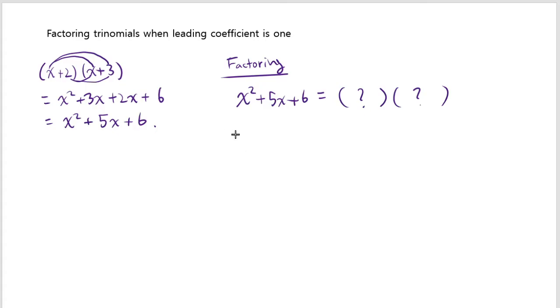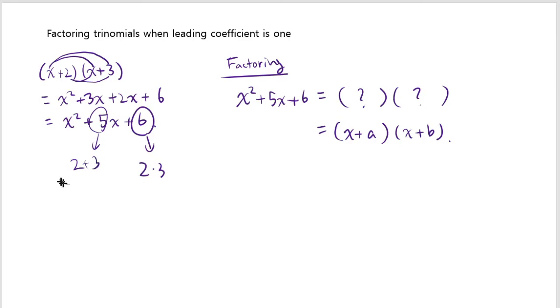And in that case, we know that if it is factorable, it should factor as x plus some number and x plus another number. And then if you look at the way that the expansion will give you, this 6 is 2 times 3, whereas this 5 is 2 plus 3, right?